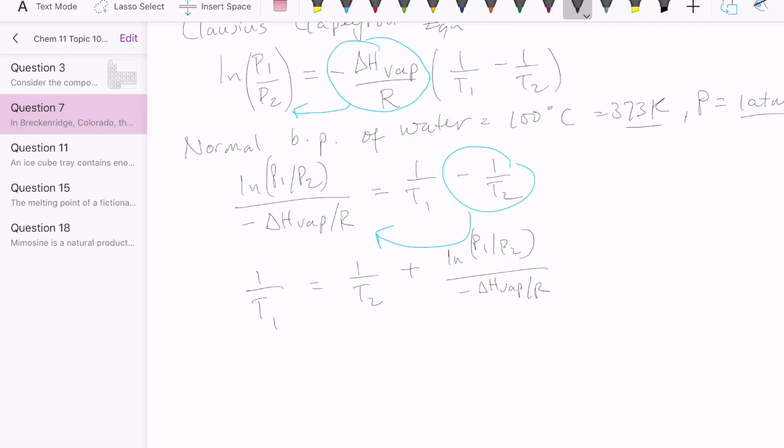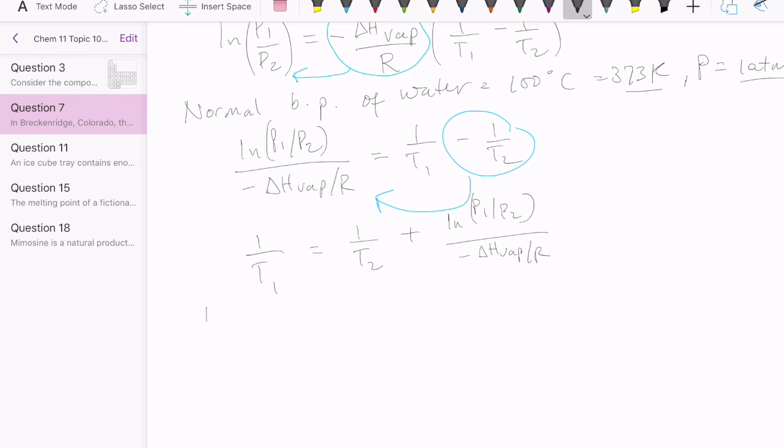Now what we can do is plug in some numbers. In this case, let's set T1 to be the boiling point of water at Breckenridge, which is the higher elevation. T2 in this case would be the boiling point at sea level, which is the normal boiling point, right? And that's 373 Kelvin. P1 in this case is the pressure at Breckenridge, which we were told is 520 torr.